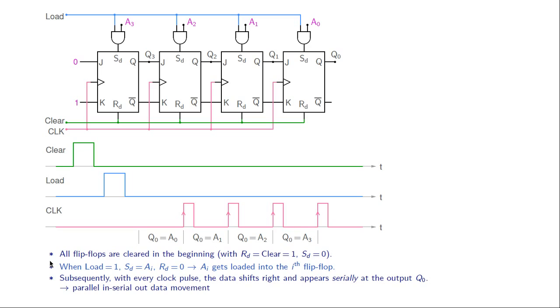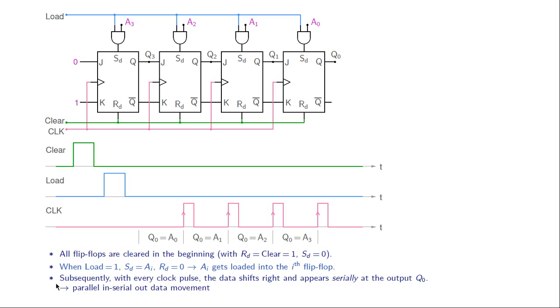To summarize, all flip-flops are cleared in the beginning with RD equal to clear equal to 1, this part, and SD equal to 0. When load is equal to 1, this part, SD equal to AI, that means A3 or A2 or A1 or A0, and RD is 0, that means the binary number gets loaded into the shift register.